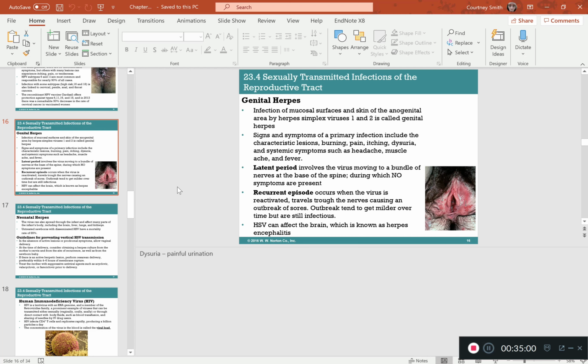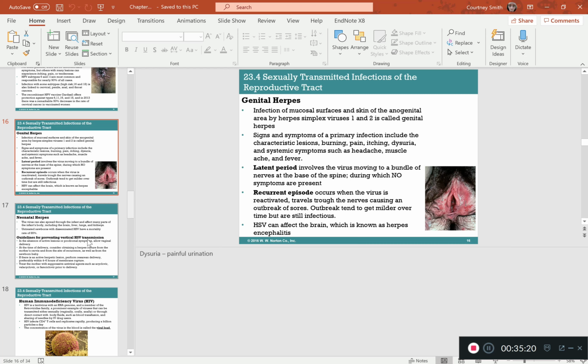And then also, if a patient has a lot of reoccurring episodes, they can also take antivirals daily as a prophylactic treatment. So with the prophylactic treatment, that also minimizes reoccurrence, transmission, and then also how long the outbreak can occur.